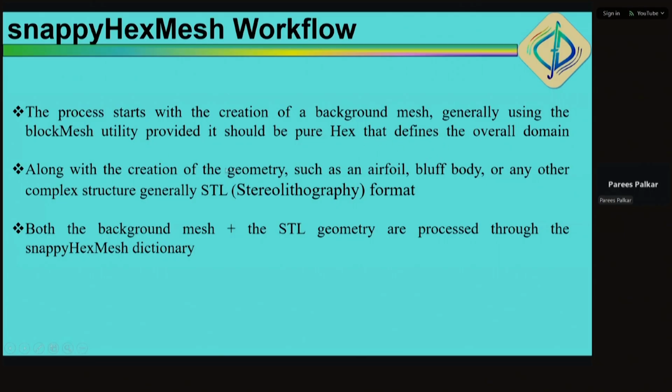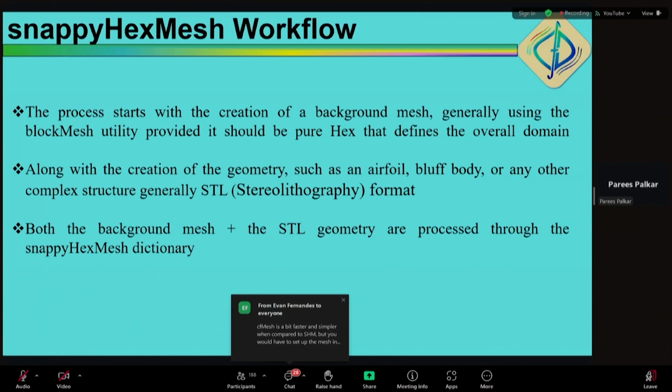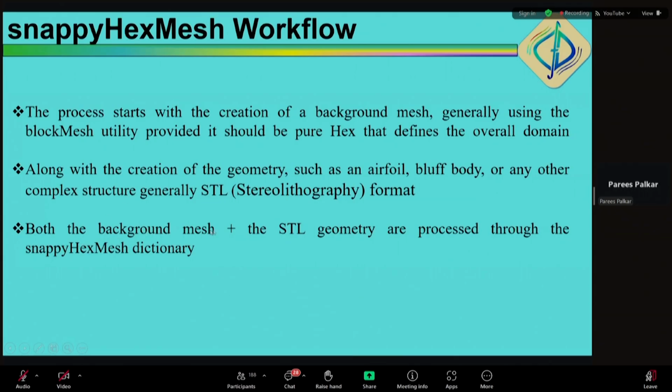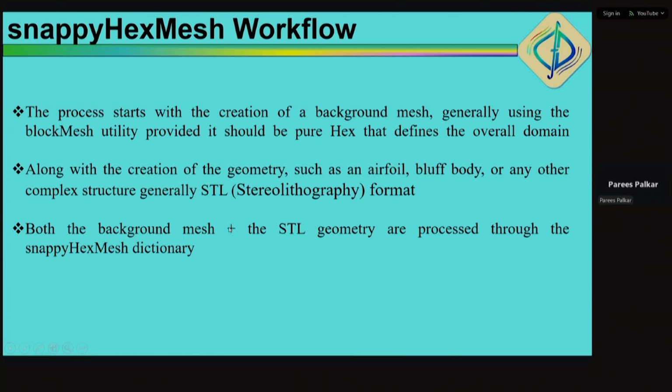Along with it, the geometry is created, like an airfoil, bluff body, or any other geometry, let's say a cylinder or flat plate. Once these two conditions are met, we go to SnappyHexMesh, where the background mesh and the STL geometry are combined and processed through the snappyHexMeshDict.